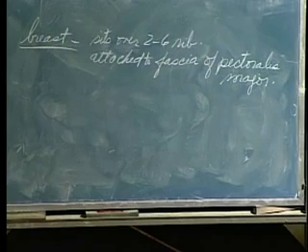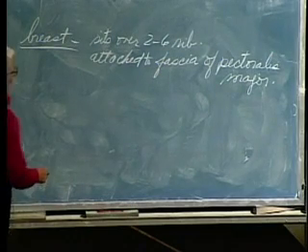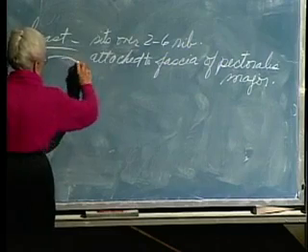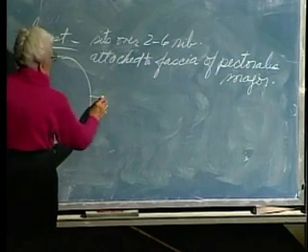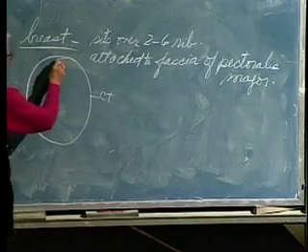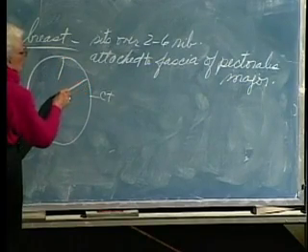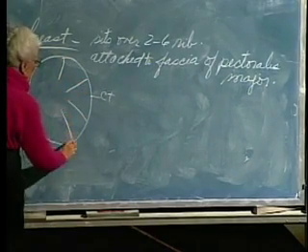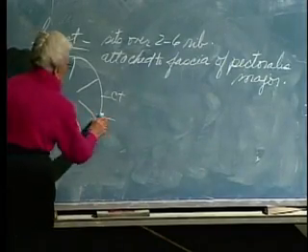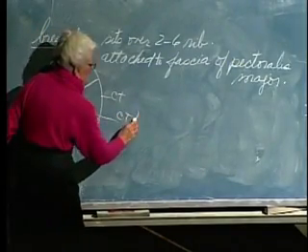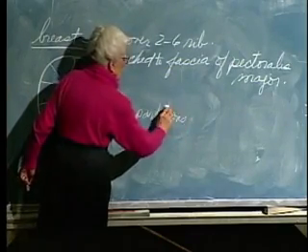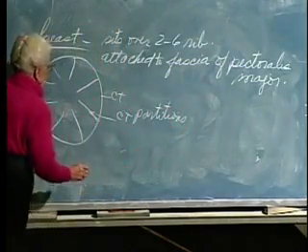Now, it has connective tissue surrounding and connective tissue partitions forming lobes.